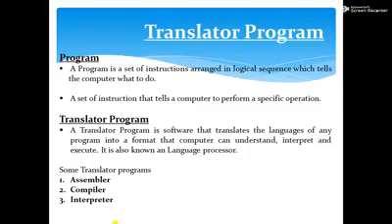Now let's discuss translator program. What is a translator program? As we know, a computer can understand only machine language. So when we type programs in languages other than machine language, we need a translator program to convert the program code into machine language.